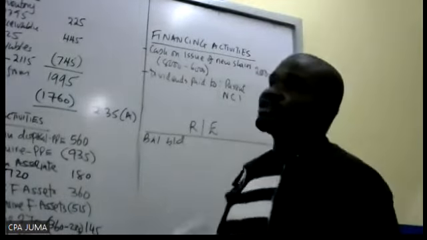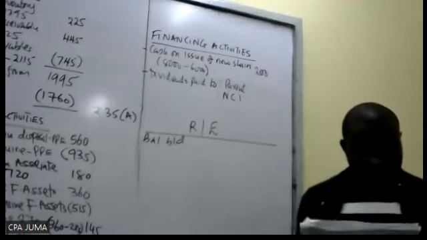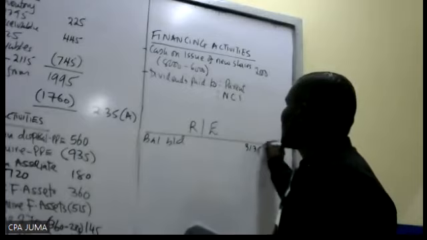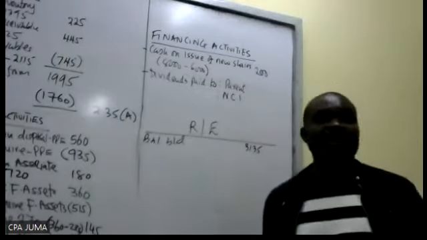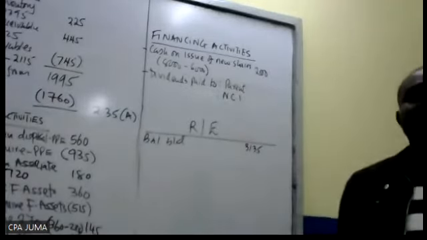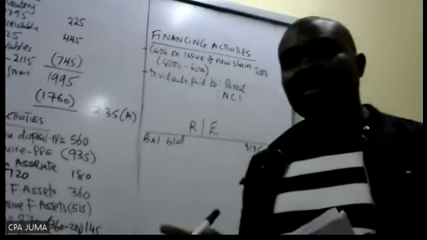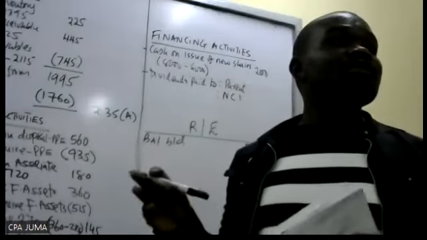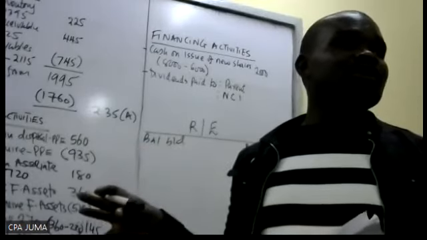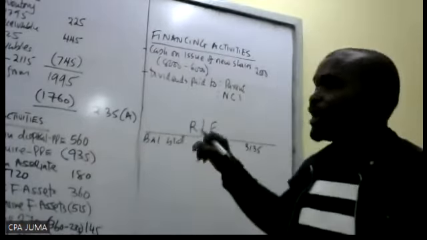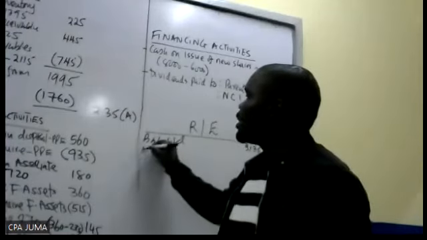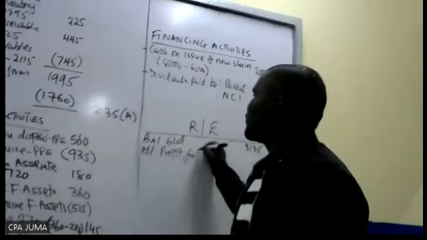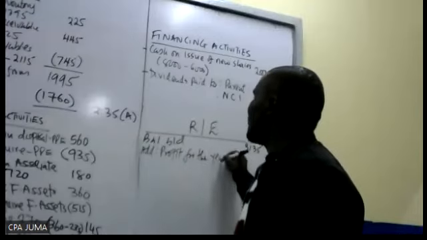So how much was the retained earnings? 31, 35, correct. Retained earnings was 31, 35 when we started the year. What about for the year? Check profit for the year. Was it comprehensive? Comprehensive has revaluation. So check profit for the year and add profit for the year. How much?